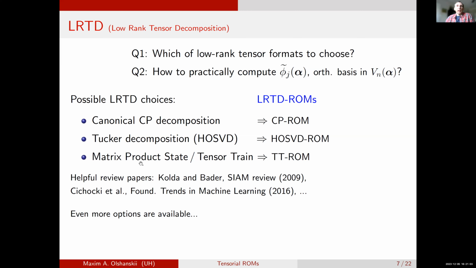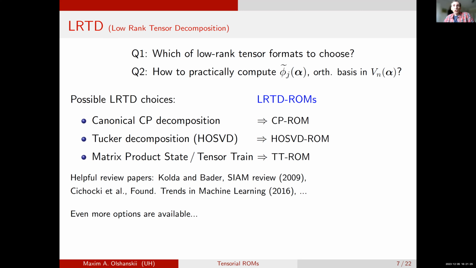Another one became pretty popular more recently, which is known in physics as a matrix product state, and in numerical analysis as a tensor train decomposition. So I refer to these review papers for more information about them, and other options are available.